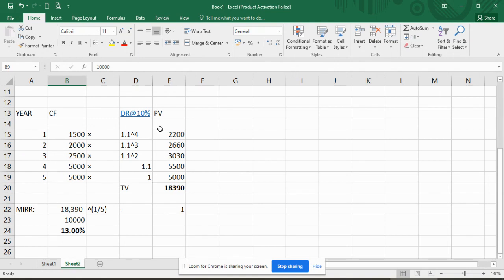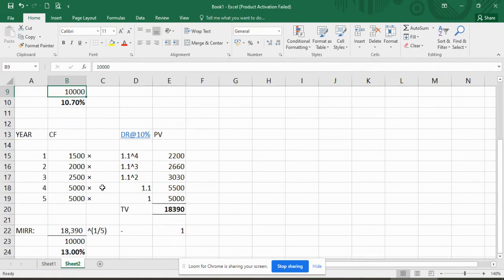This is 3 years, 2 years, 1 year, and no longer any duration for reinvestment. Add all this together, you get 18,090. That's your terminal value. Divide by your initial investment, to the power of 1/5. Remember, this is the duration of the project, not the reinvestment rate. The duration of the project is 5, minus 1, you should be getting 13%.